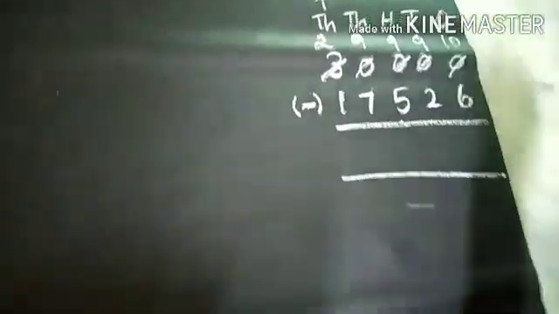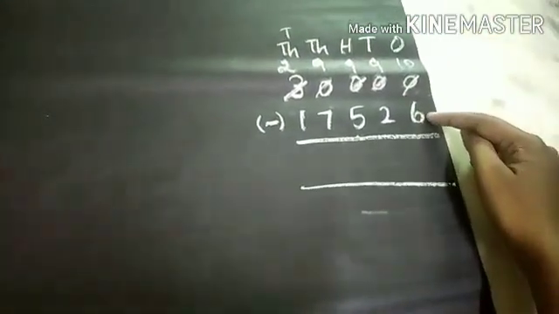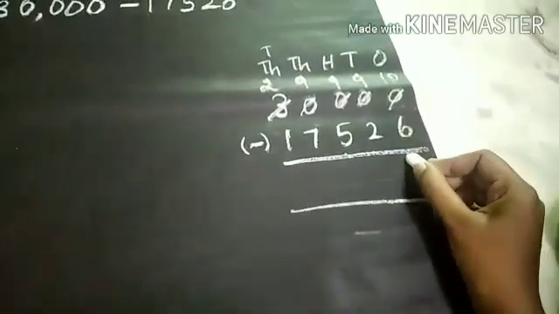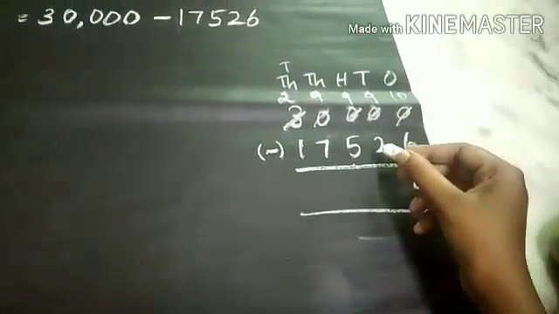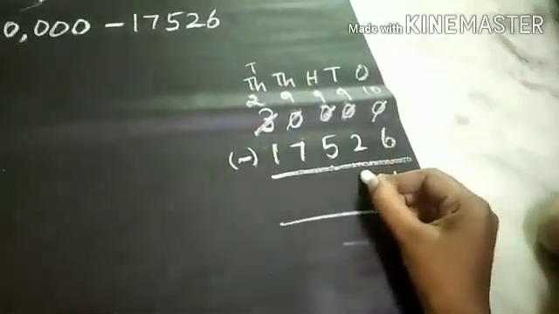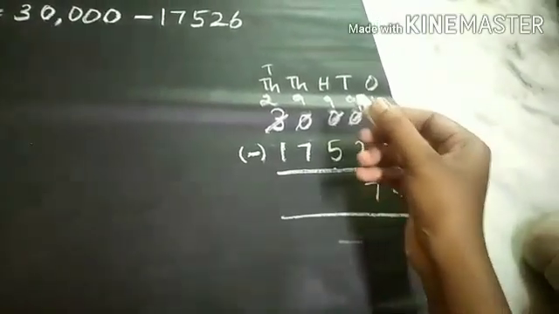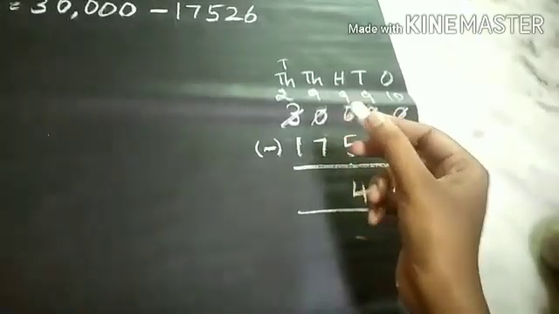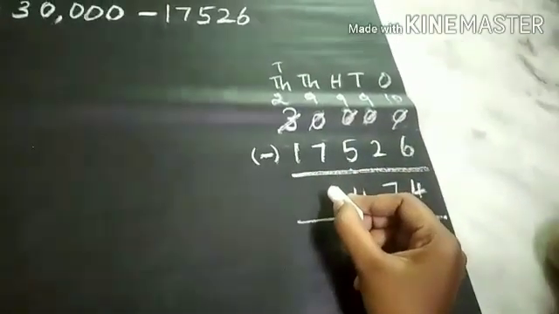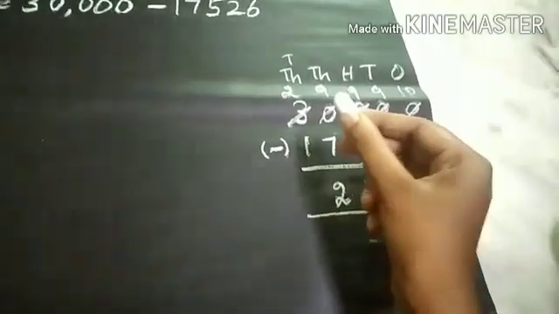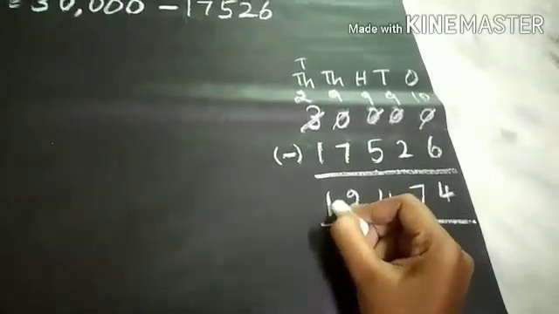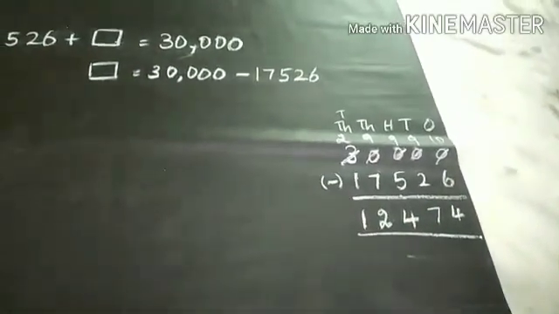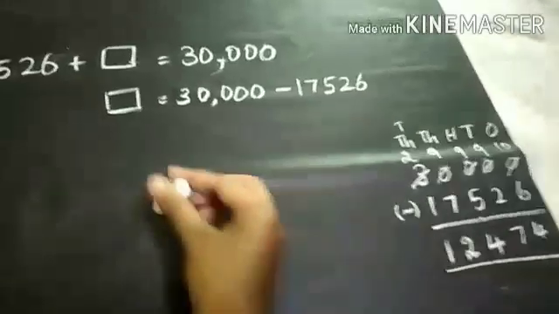Now subtract 6 from 10. We get 4. Then subtract 2 from 9. We get 7. Then subtract 5 from 9. We get 4. Then subtract 7 from 9. We get 2. Then subtract 1 from 2. We get 1.